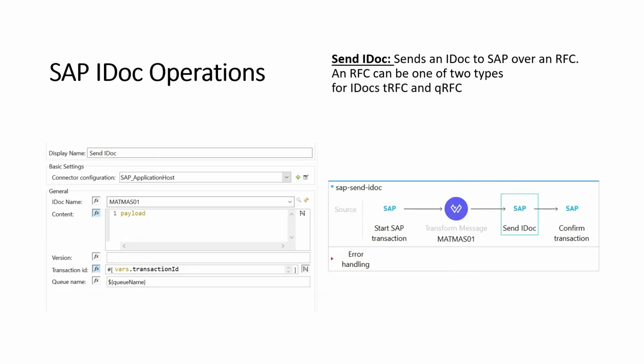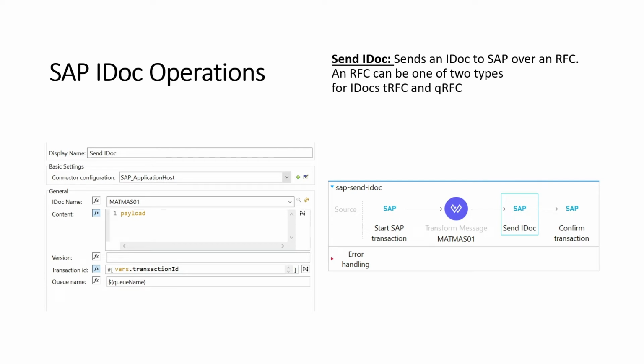Next is send IDOC operation. Here we can send the IDOC to SAP over RFC. It can be TRFC or QRFC. For TRFC, to enable TRFC, you can set transaction ID.